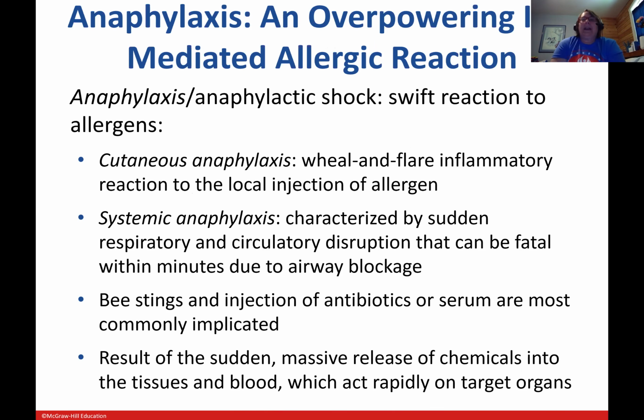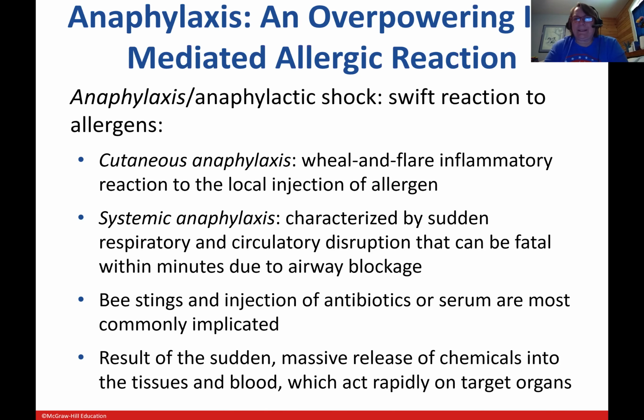Okay, so anaphylaxis is a very swift and severe reaction to allergens. So there are a number of different types of anaphylactic responses. One of them is a skin-based anaphylactic response, and that's cutaneous anaphylaxis. And here that wheal and flare inflammatory response happens to some kind of a local injection.